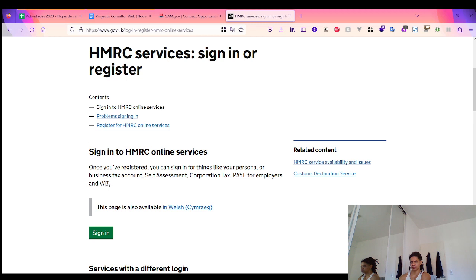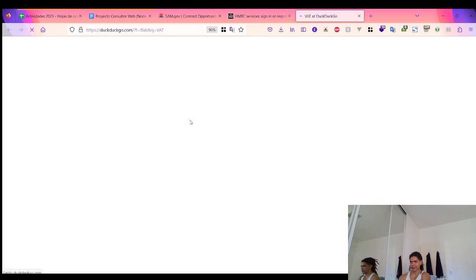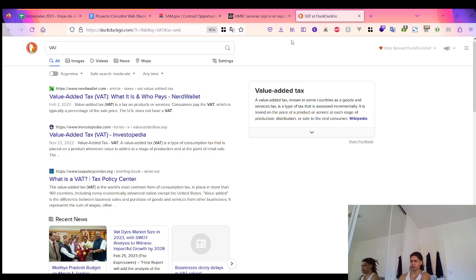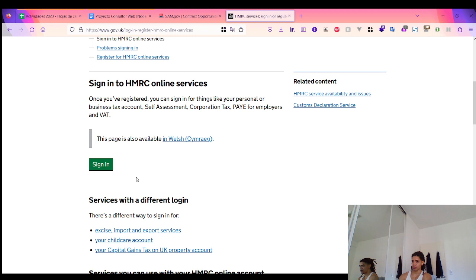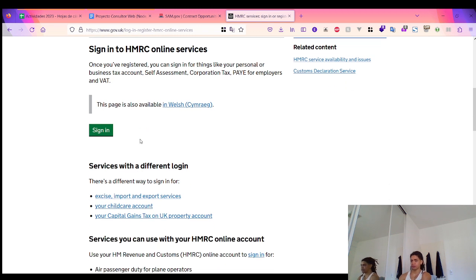Value added tax. There's a different way to sign in for some services, with a different login.